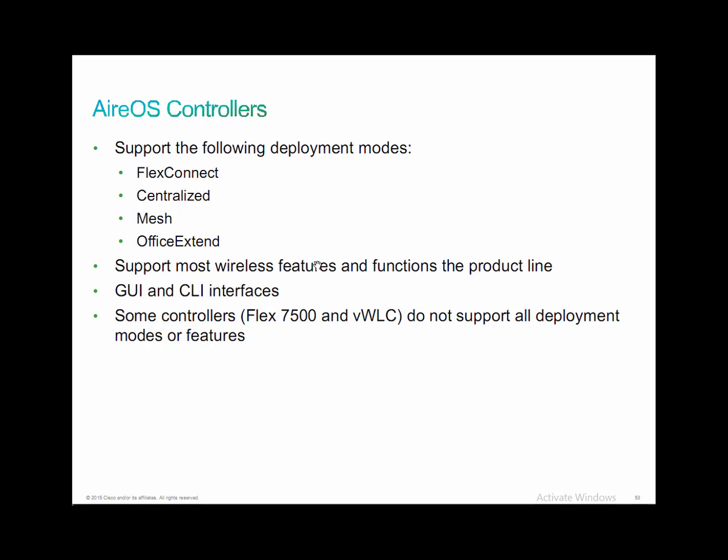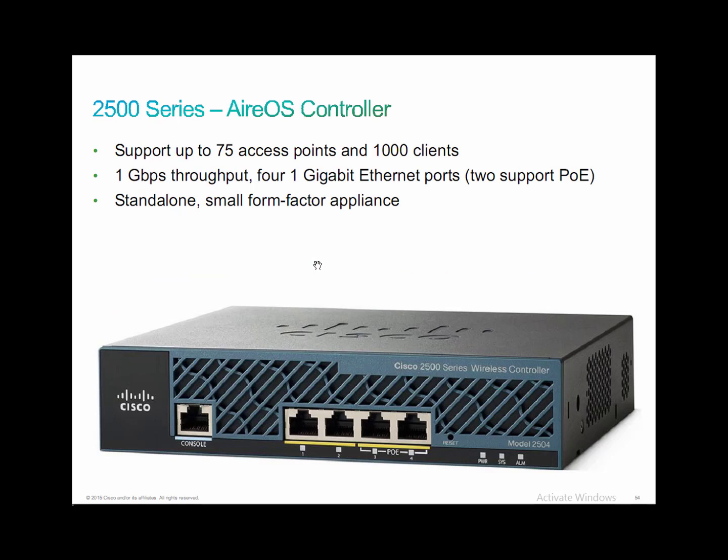This is the kind of controller that I have at my home office here. The 2504 wireless controller. Packs a little punch, right? It runs the same AireOS software that you would see in a larger enterprise class controller. It just doesn't support as much throughput or as many clients, right?